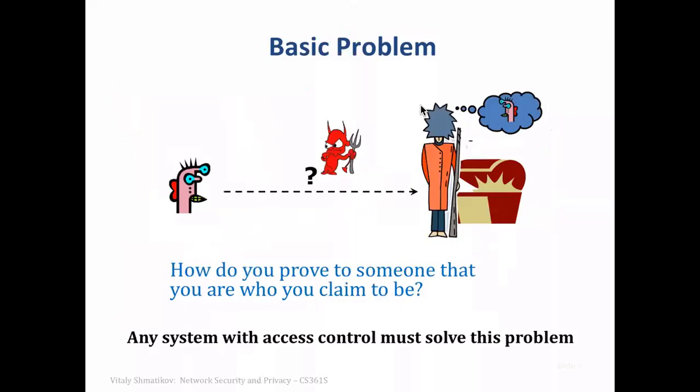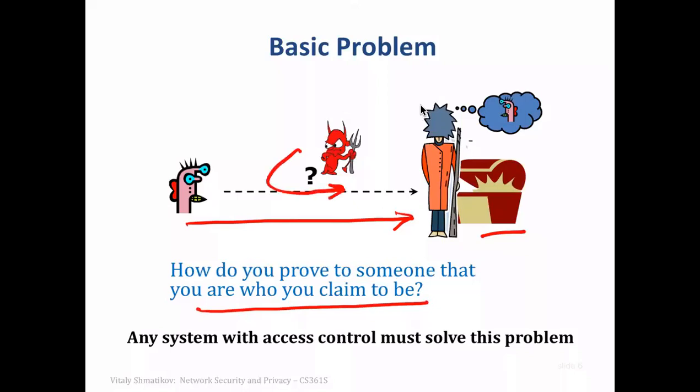The basic problem is that you have to prove your identity to get inside. So how do you prove to someone that you are who you claim to be? For example, somebody else can claim to be you and can get entry into the system or get resources.